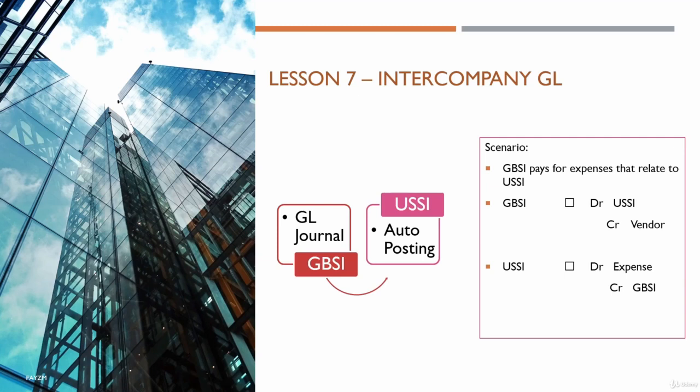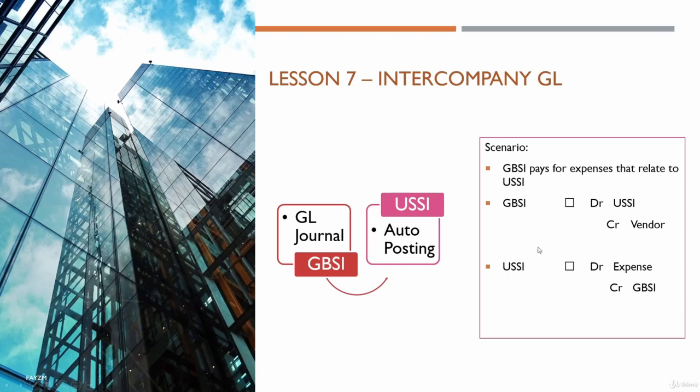On the flip side, in the books of USSI, they will record that hotel expense as an expense in their P&L. But on the credit side, they do not really select the hotel vendor as the vendor that they need to pay the invoice for. Instead, they will say, this is an amount which we need to pay back to GBSI as an intercompany transaction.